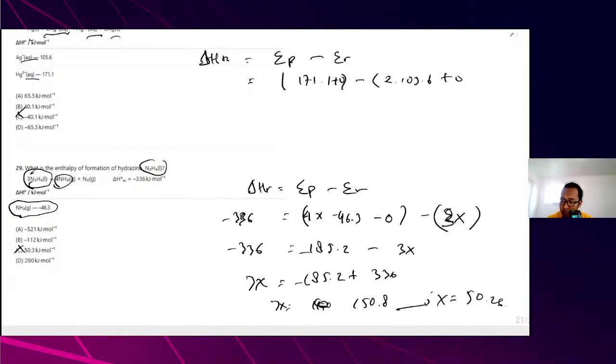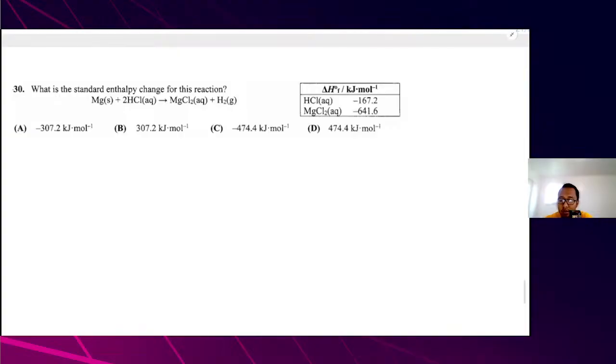And then let's move on to the last part. What is the standard enthalpy for this reaction? MgCl, HCl, we can assume this one is 0. And then still the same thing: MgCl2 is minus 641.6, no change. And then 2 HCl is minus 2 times this one.